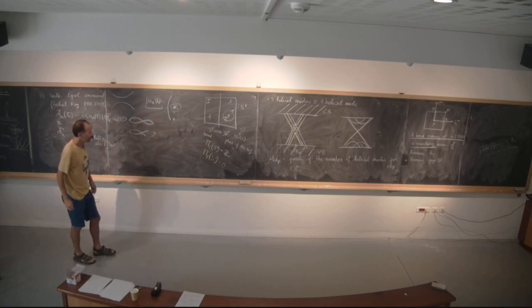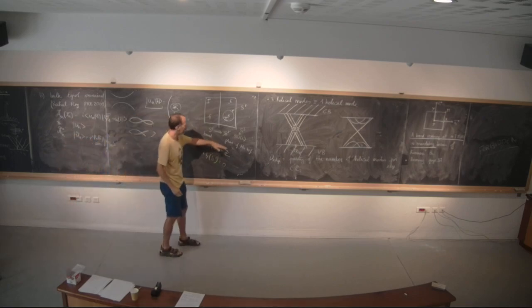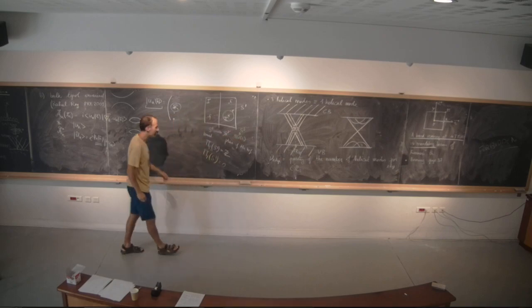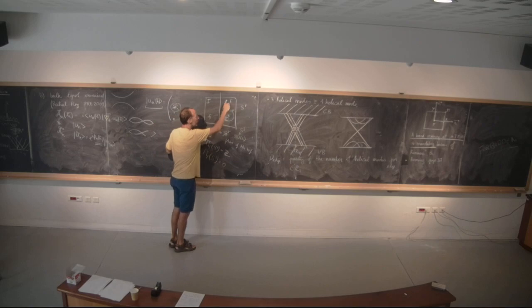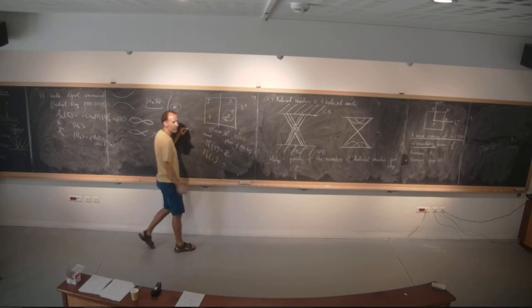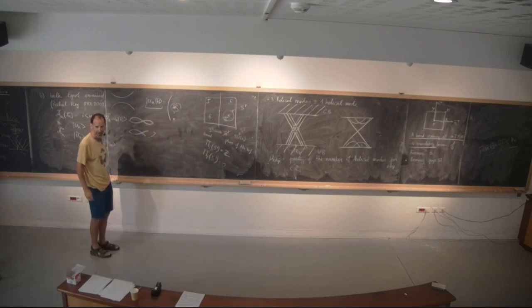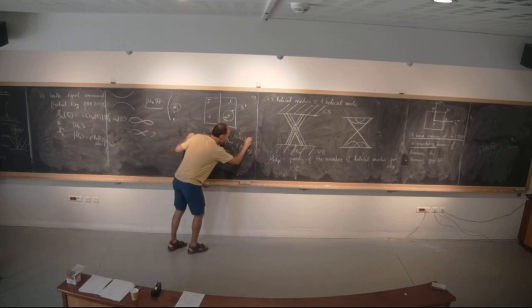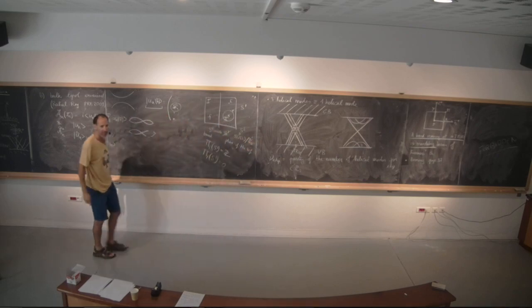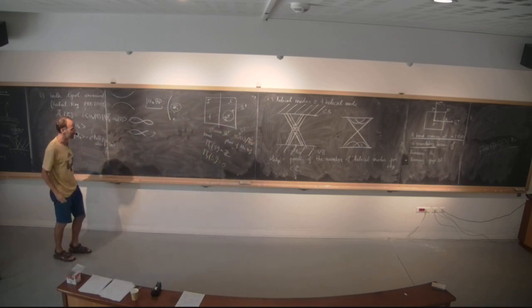So actually, the phase, the thing that I'm gluing, it's not really SU2, it's SU2 in which the wave function at k and the wave function at minus k I need to identify. So it's SU2 modulo the fact that k and minus k are identified.